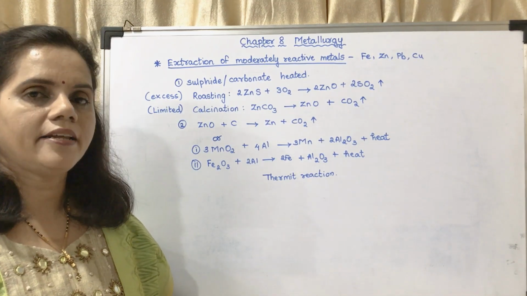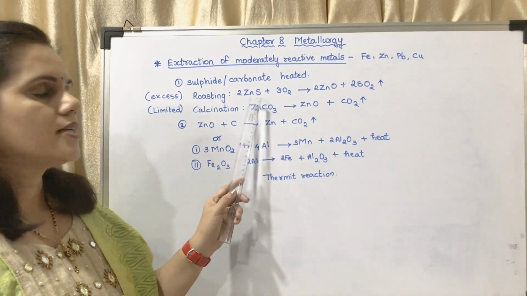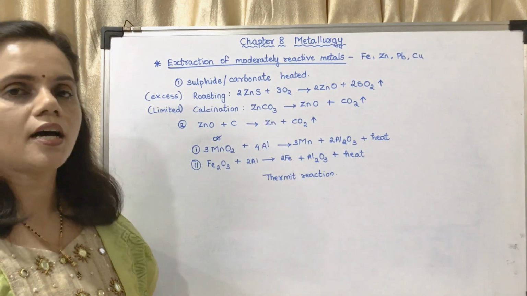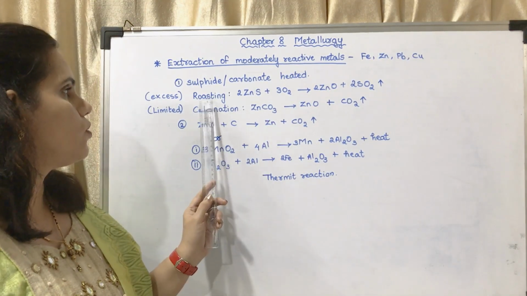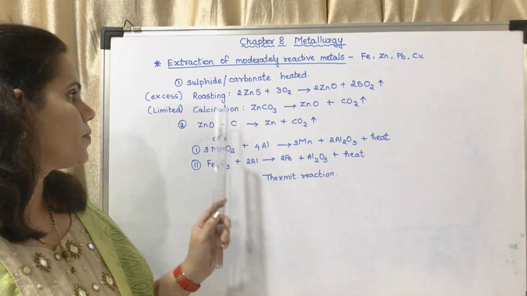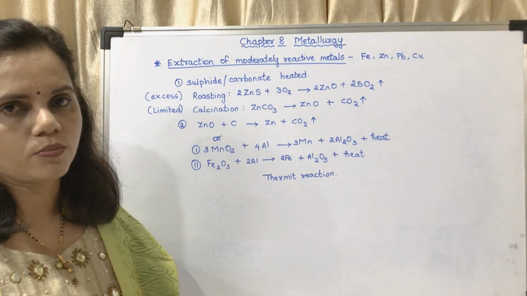Now, the second difference between roasting and calcination: for roasting, sulfide ores are used. For calcination, carbonate ores are used. Third difference: for roasting, sulfur dioxide gas is formed. During calcination, carbon dioxide gas is formed.